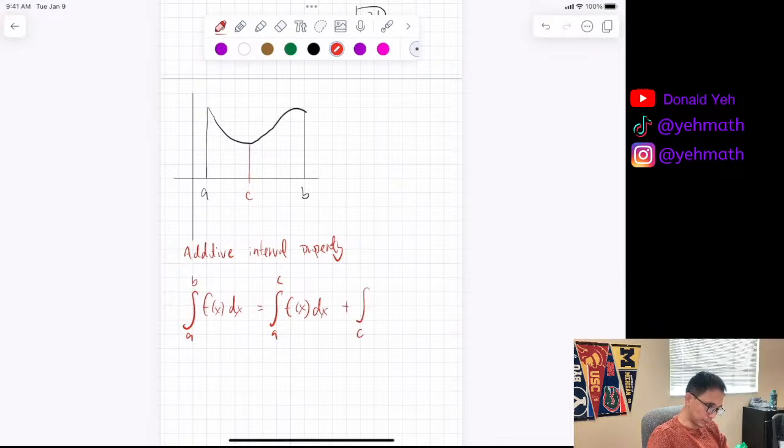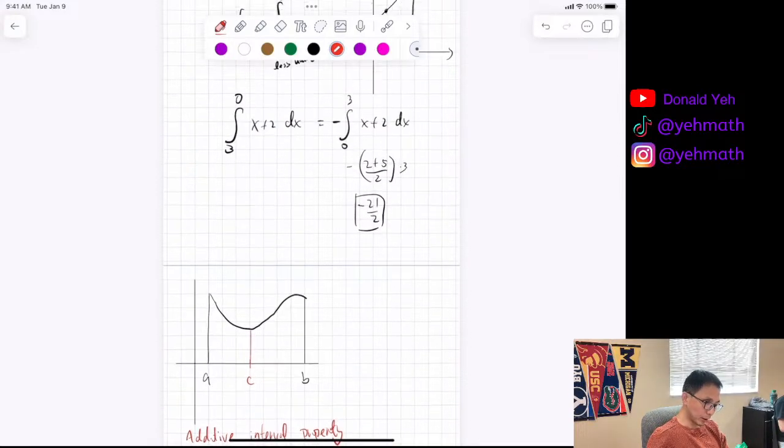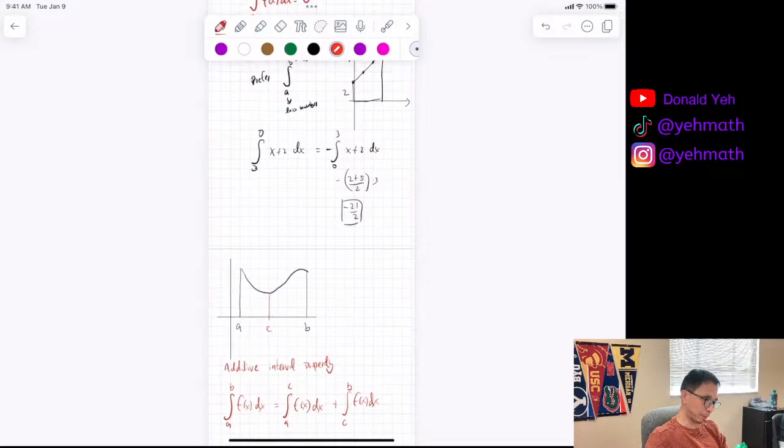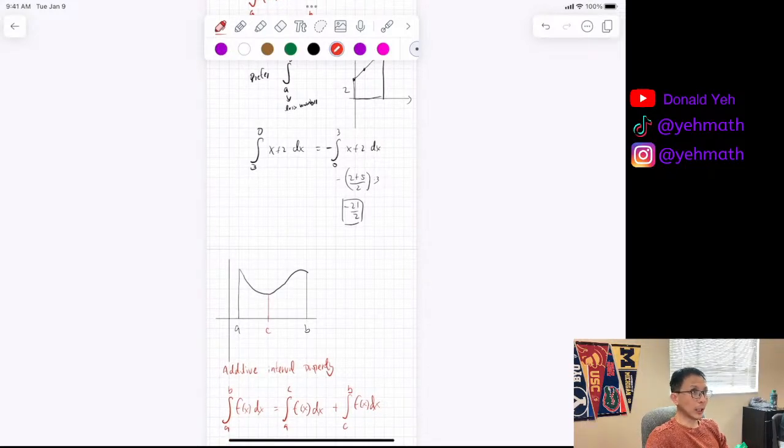For the previous question, you're finding the area, right? How can it be negative? Okay, that's a great question. The integral can be negative. Area is always positive, but it depends on the orientation. That's why it's much better to just look at the area.